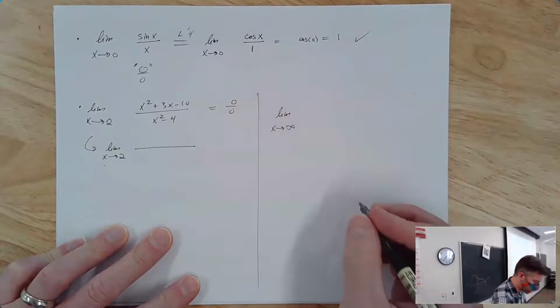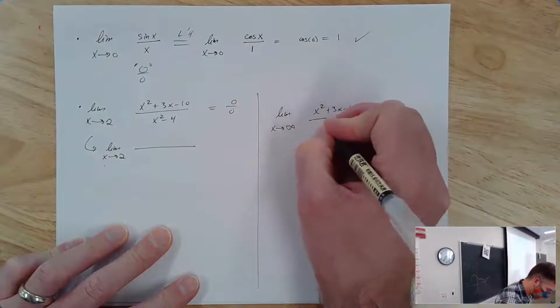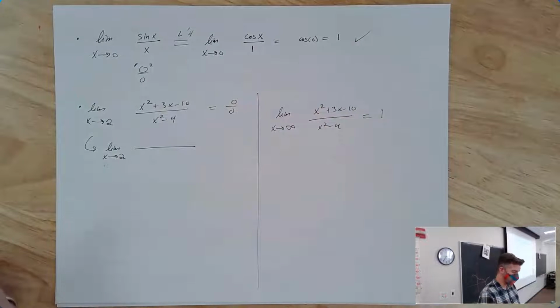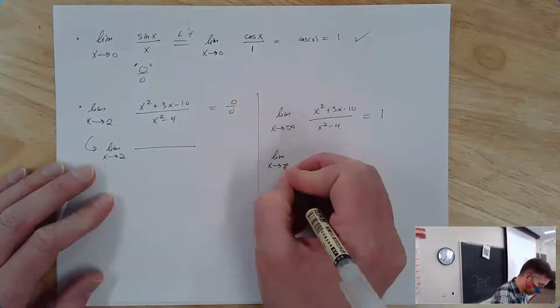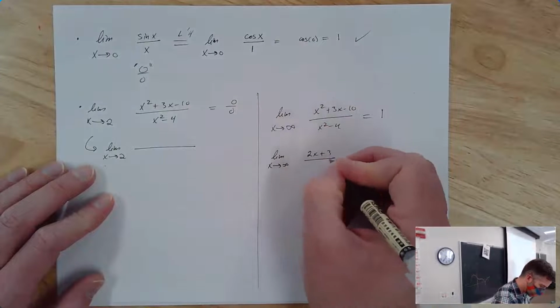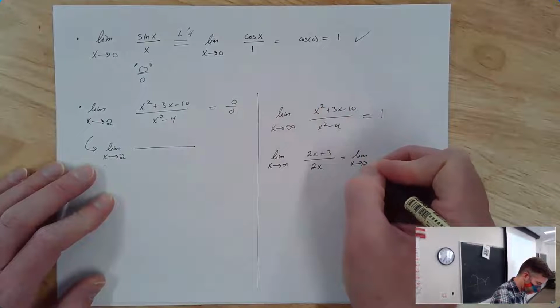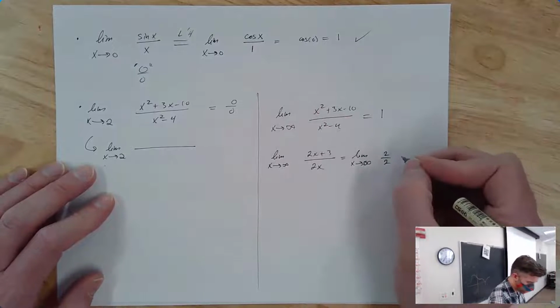The limit as x goes to infinity of x squared plus 3x minus 10 over x squared minus 4 is equal to 1. You could use L'Hopital's rule there too: the limit as x goes to infinity of 2x plus 3 over 2x, which is the limit as x goes to infinity of 2 over 2, and that's just 1.